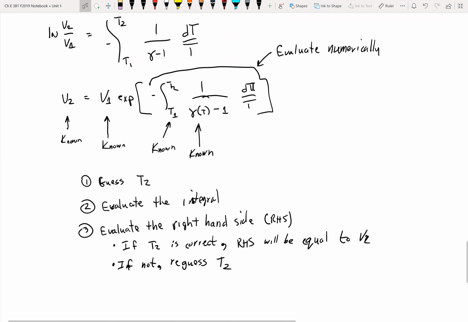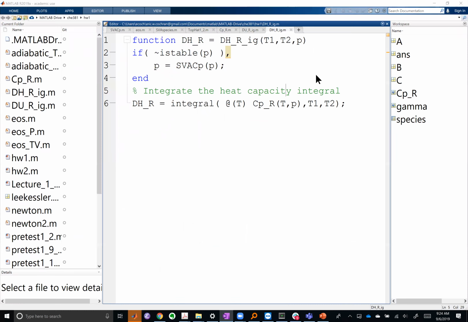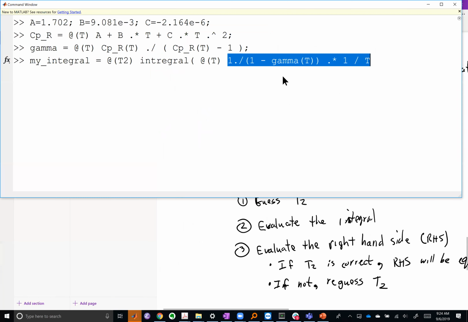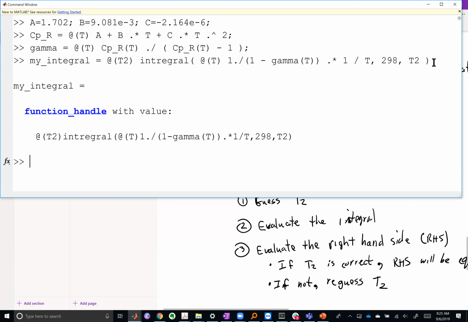The variable that the integral function is integrating is t, so it's distinct from the upper limit. And then the arguments to integral are going to be the lower bound and the upper bound. And the upper bound is provided by the argument to the function.